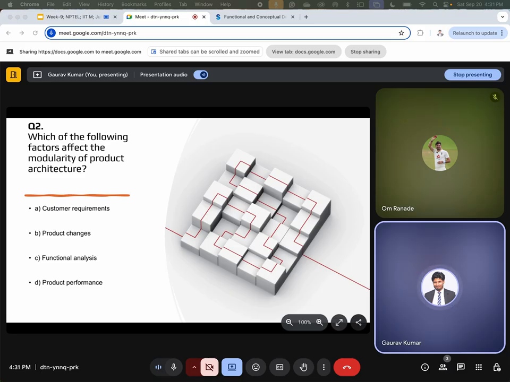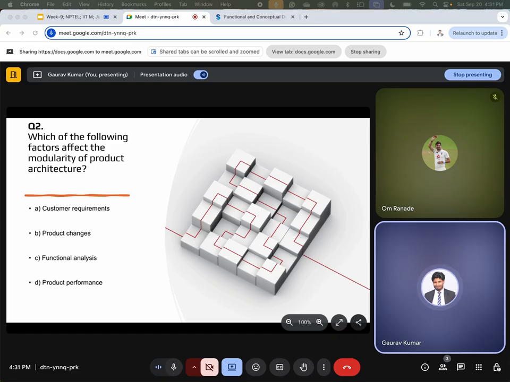Performance is another deciding factor. While modularity improves flexibility, it may sometimes compromise performance due to additional interfaces. So designers must strike a balance that ensures adaptability without sacrificing efficiency, speed, or durability.